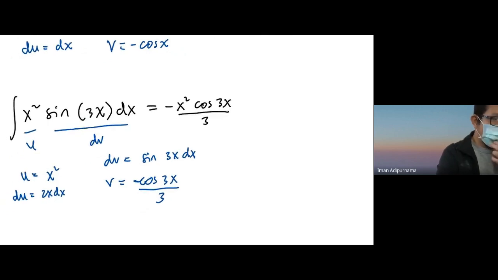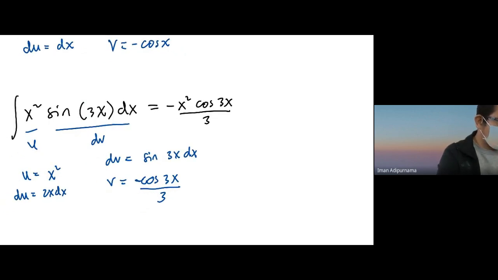And then v du, this is minus, which becomes plus, the integral of 1 over 3 cos 3x and 2x. Sorry, let me write 2 over 3 outside, I think that's better.